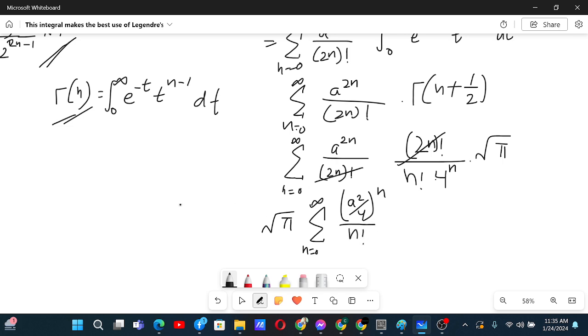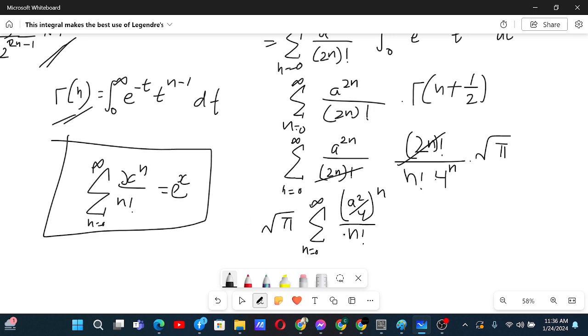Now this might look familiar because we know the sum from n equals 0 to infinity of x to the power n by n! is e to the power x. This is the Taylor expansion for e to the power x. So if we use that, this will be root pi times e to the power a squared by 4, and this is the answer for the integral.